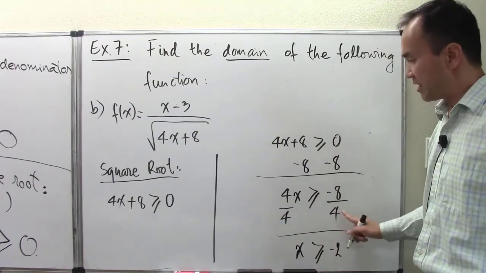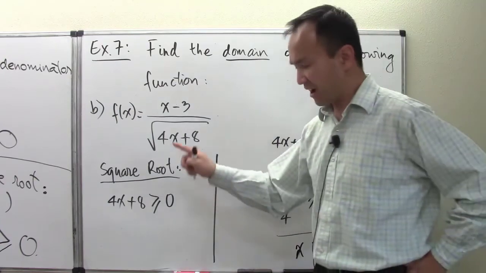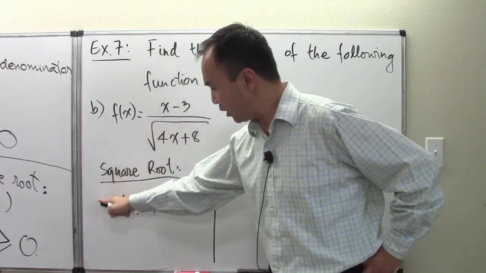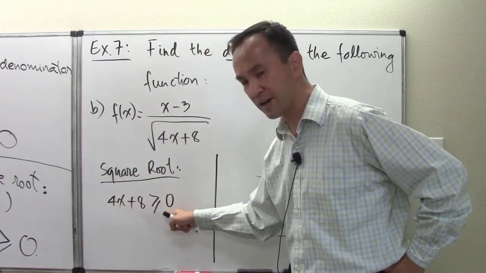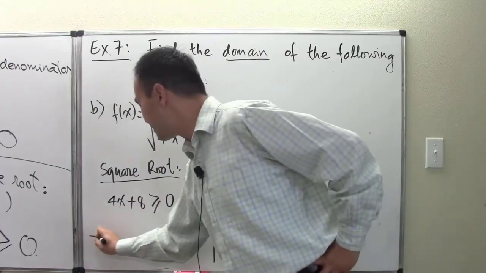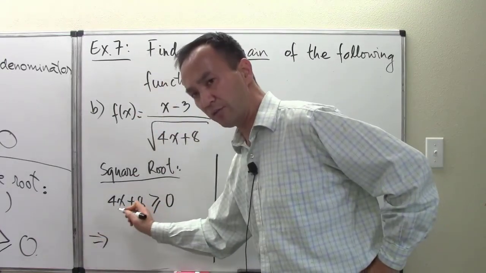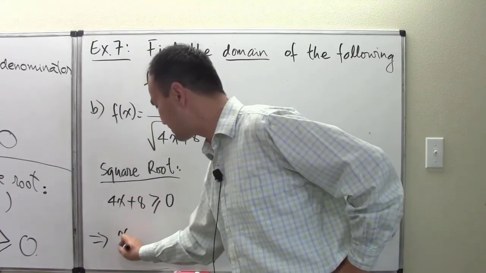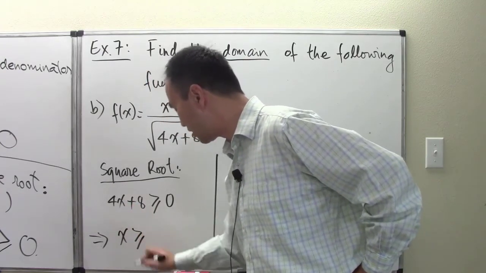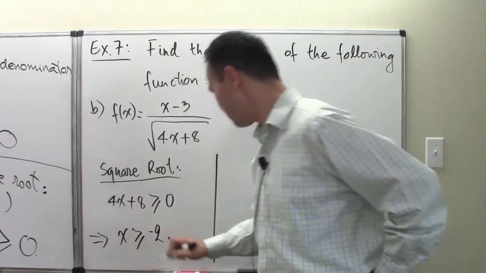Okay, so here's how I'm seeing it. In order to ensure 4x plus 8 is greater than or equal to 0, the only satisfying x values are those greater than or equal to negative 2.